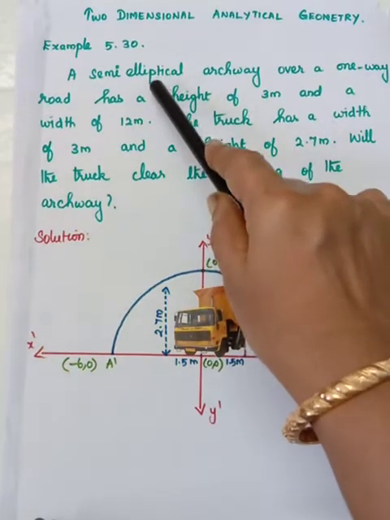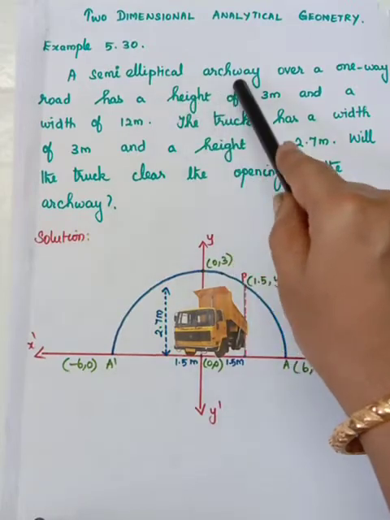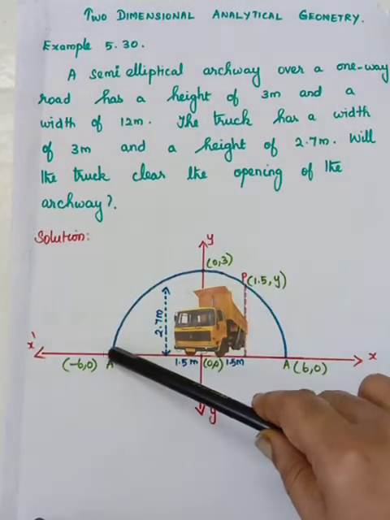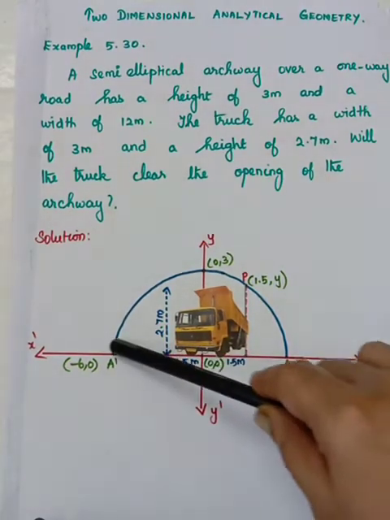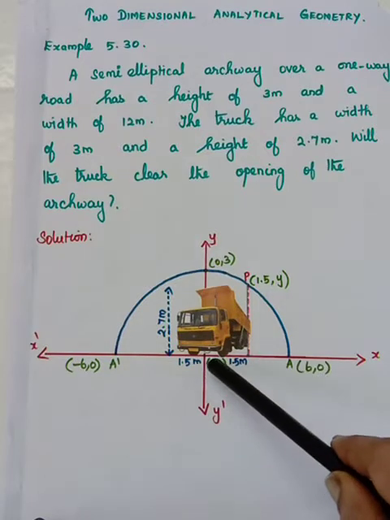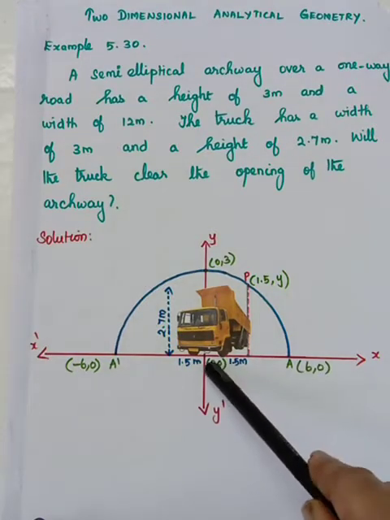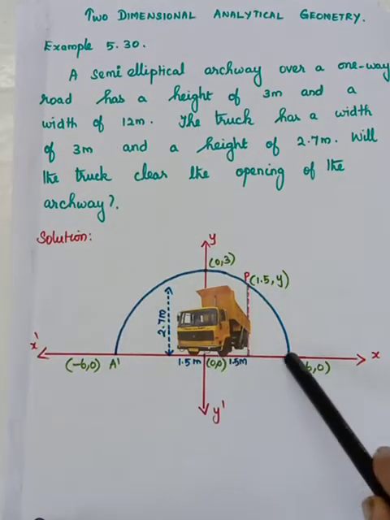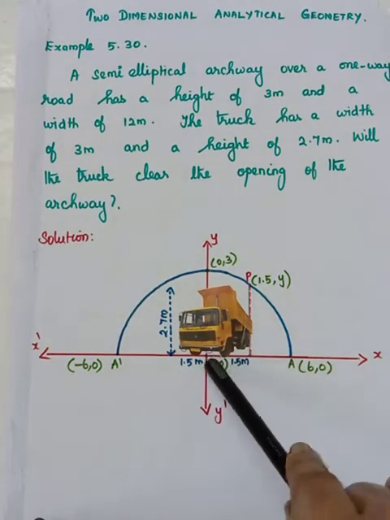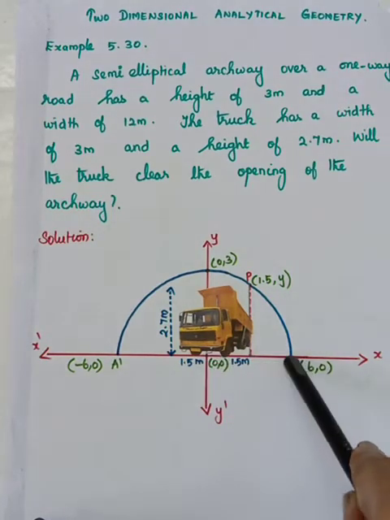And the semi-elliptical archway has a width of 12 meter. So this is nothing but A A dash is 12 meter. Here 0, 0 is the center. From the center to the point A, the distance is 6 meter.